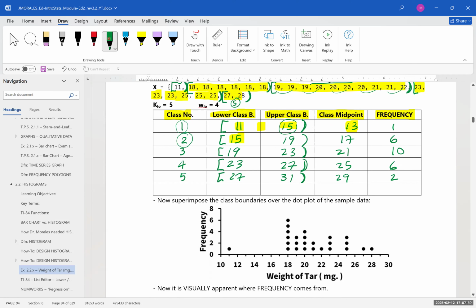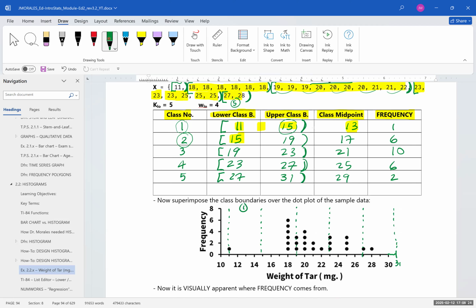let's divide this up. So our boundaries are going to be at 11, 15, 19, 23, 27, and 31.